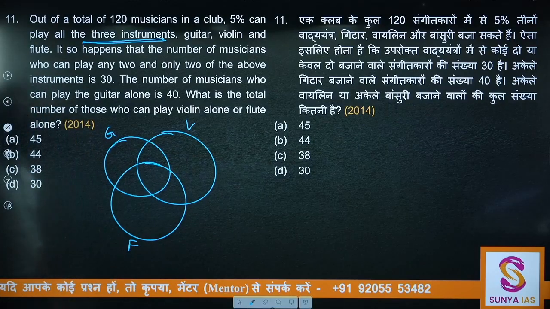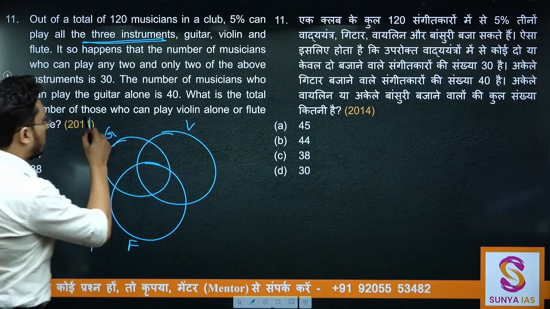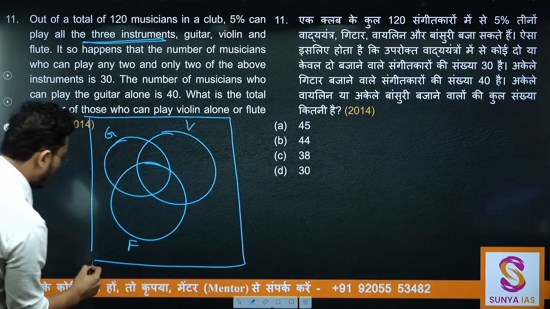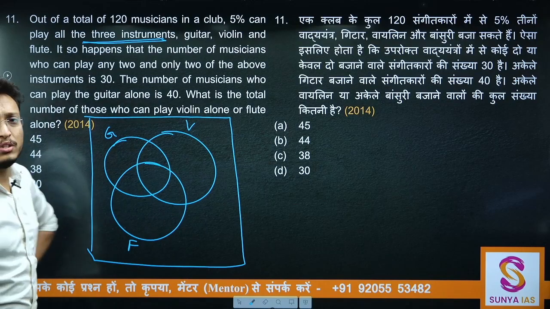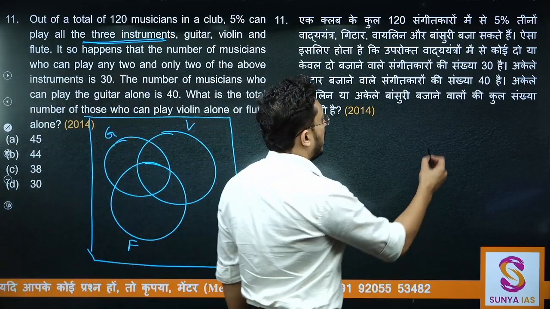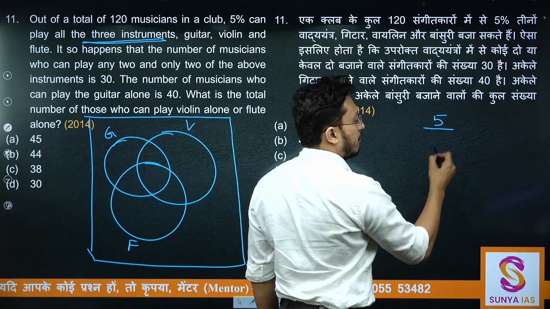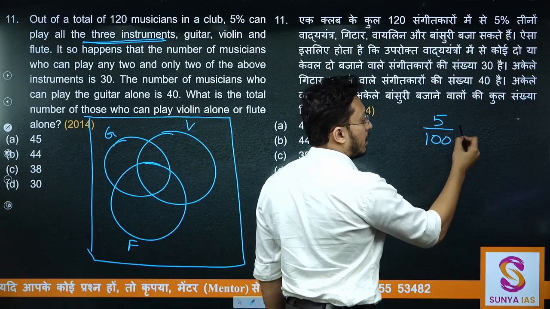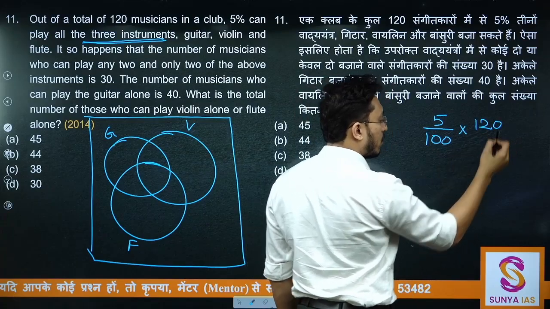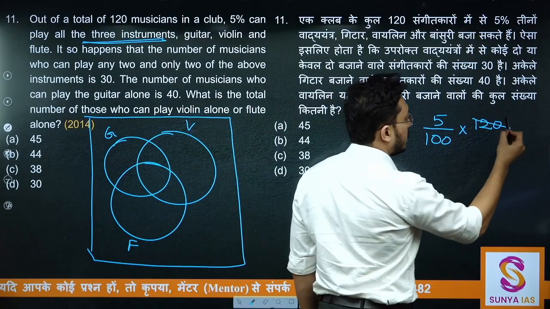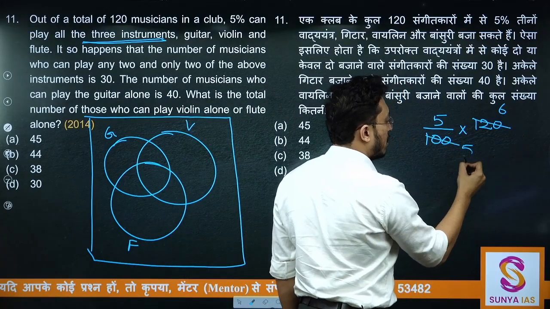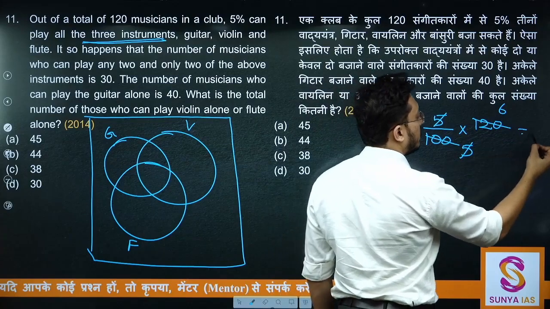Out of a total of 120 musicians in the club, 5% can play all the three instruments. Now what is 5% of 120? If you want to calculate, we can write 5 upon 100 into 120. This is what is 5% of 120. 5 twenties are 100, the 5s cancel, and you're left with 6 only.